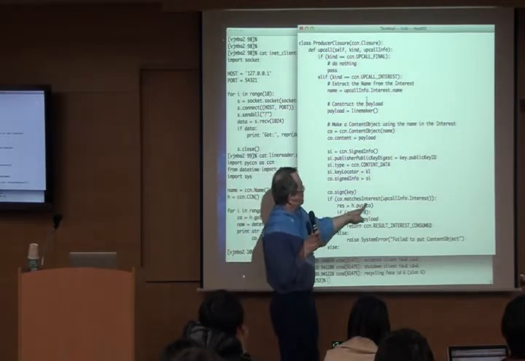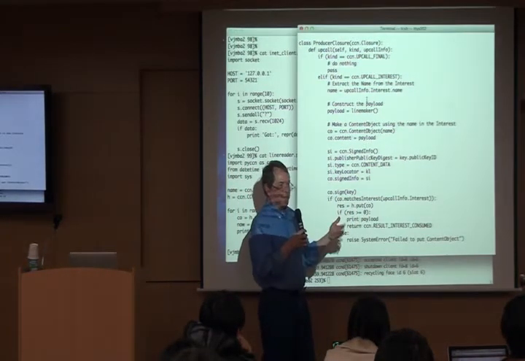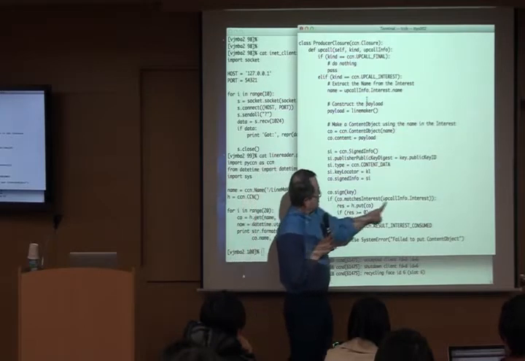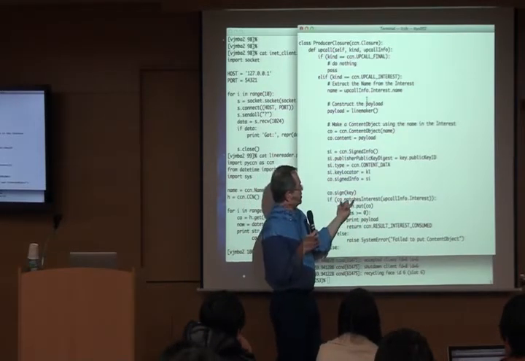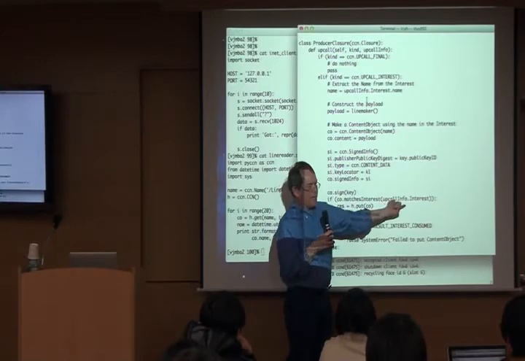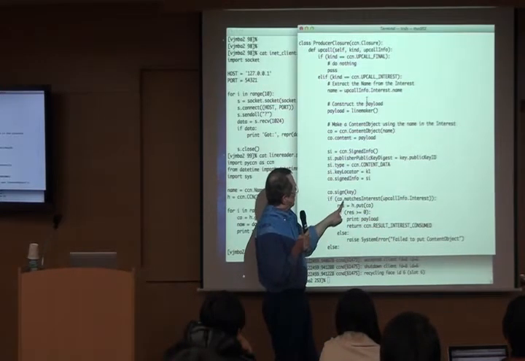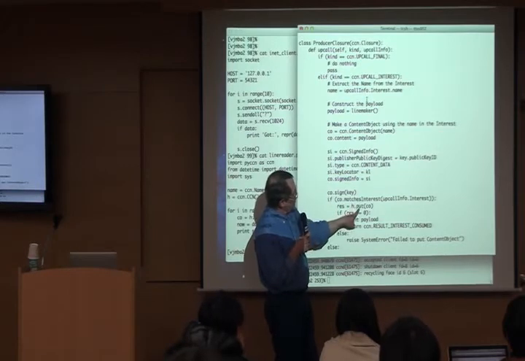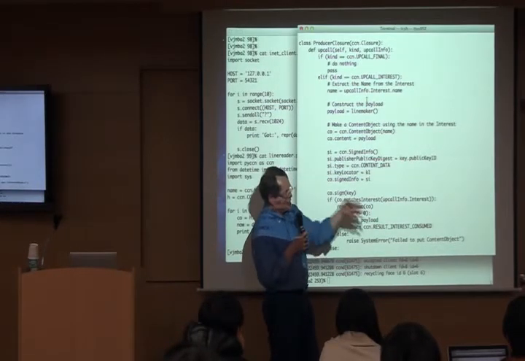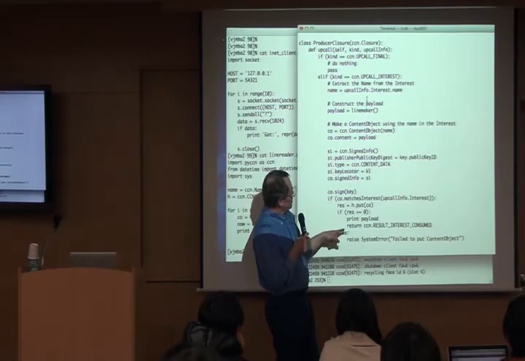So until you've built it, you're not sure that you can actually answer it. That's what this is about. Check to make sure that the packet that you've got actually answers the interest, including all of its fields. And if it does, then you put it on the handle. So this is sending data back to the consumer.